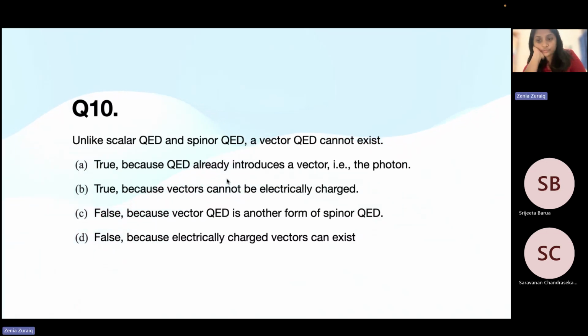I think this is the last question for today. So, is this statement true or false? If it's true or false, why? That's the question.